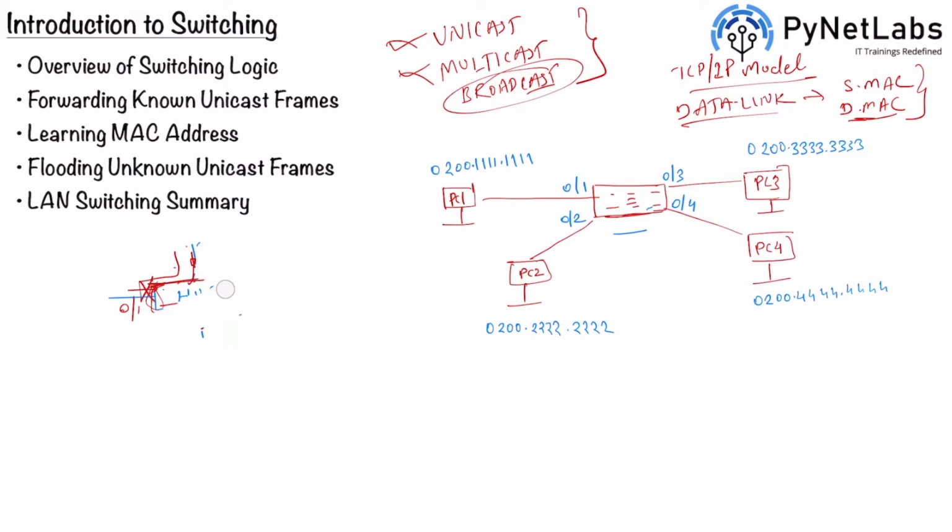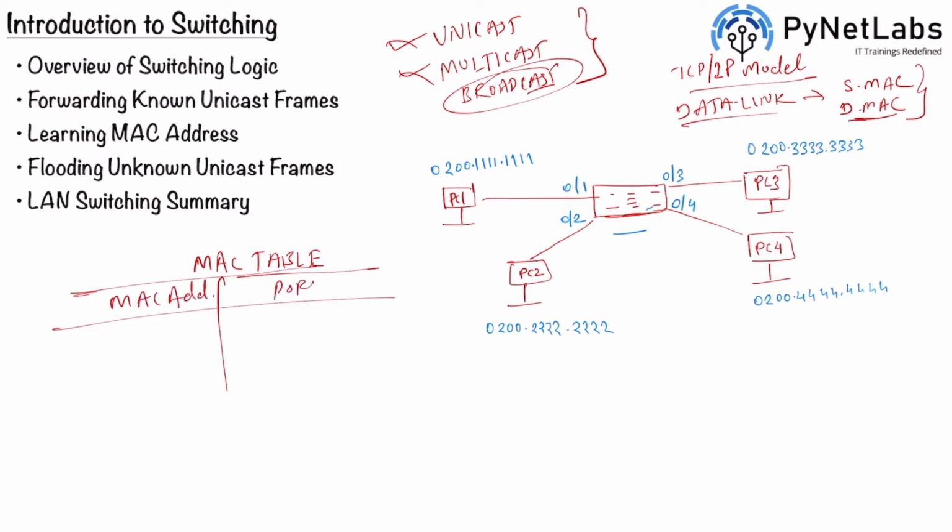The switch has the ability to do unicast, multicast and broadcast because it maintains something called a MAC address table. The content of the MAC address table is the MAC address itself and the port with which the device that carries that MAC address is connected.